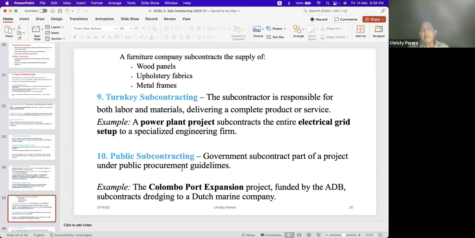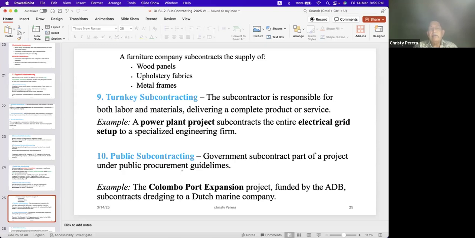If there are some hardware items, that part, and the installation, everything. For example, a power plant project subcontracts the entire electrical grid setup to a specialized engineering firm. So that is called turnkey subcontracting. There is a portion, and in that portion, they will have to do everything.